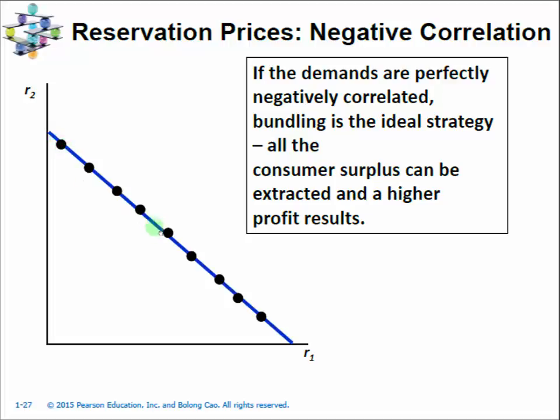Because in this situation, with pure bundling, we can extract the combined high reservation prices instead of using separate prices, where some consumers may have a very low reservation price on one good but a very high reservation price on the other. And with separate prices, we won't be able to extract the high reservation price on one particular good because there are some consumers who have a low reservation price on this good.